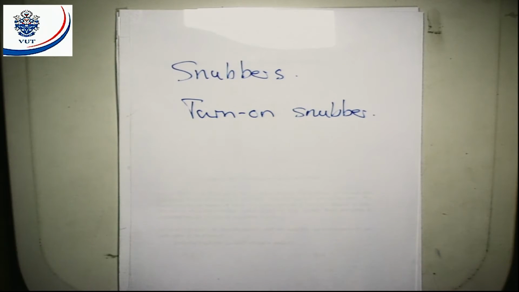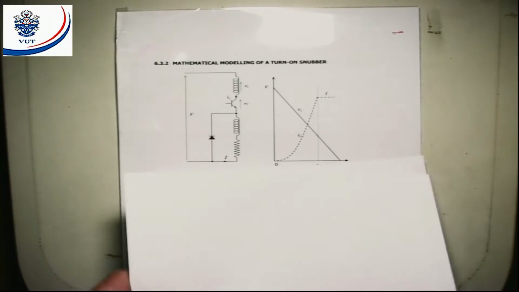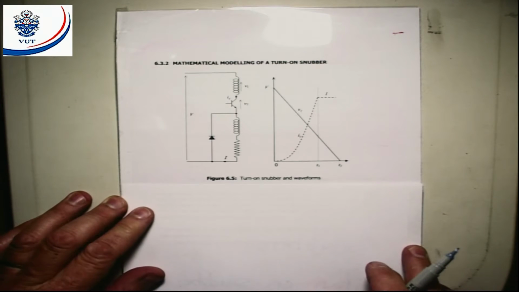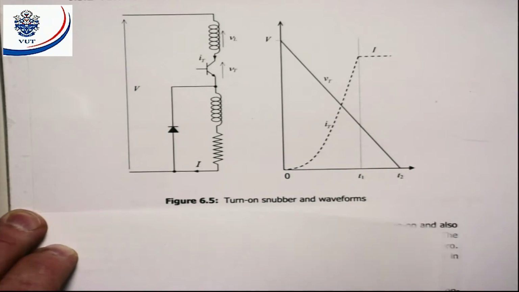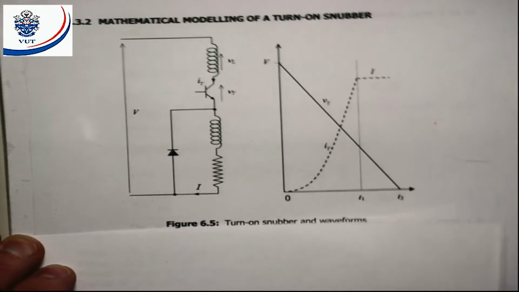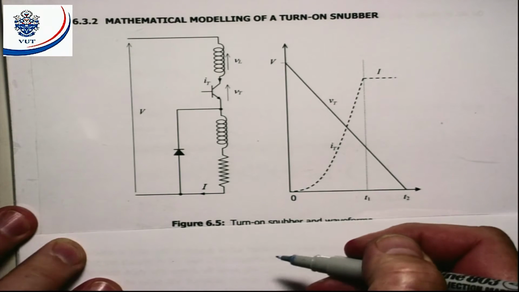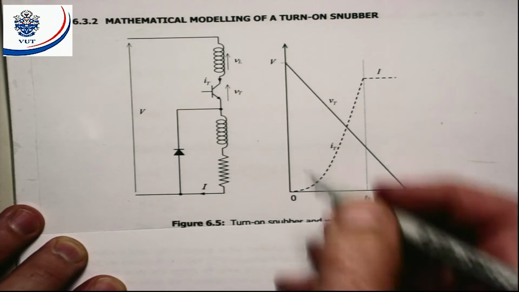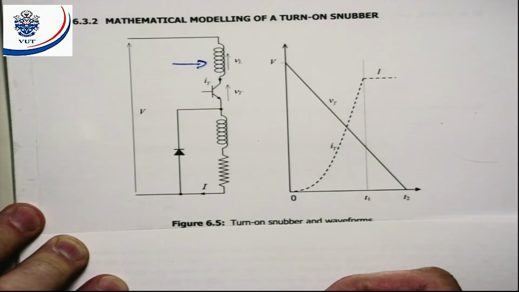Okay, so the other snubber that we're going to look at is a turn-on snubber. When we look at the turn-on snubber, we see that the capacitor is gone. And what we now have is an inductor in that position there.